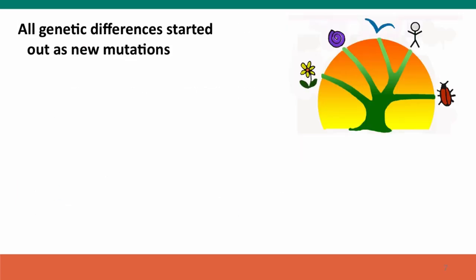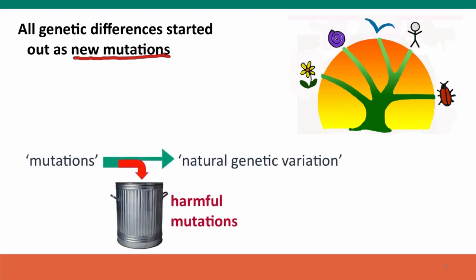So we can take this understanding of the functional consequences of mutations and apply that to thinking about the genetic differences that we see. Fundamentally, all of the genetic differences that we see, for instance, that we talked about in Module 1, they all started out as new mutations with the same spectrum of neutral, harmful, and beneficial as I just described. Natural selection then acts as a filter.